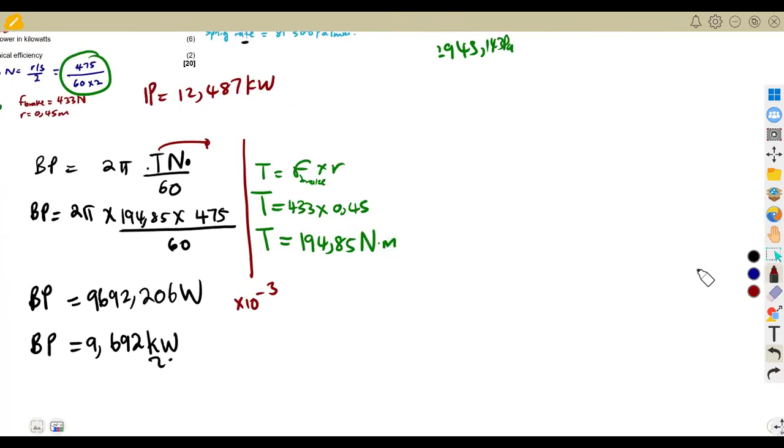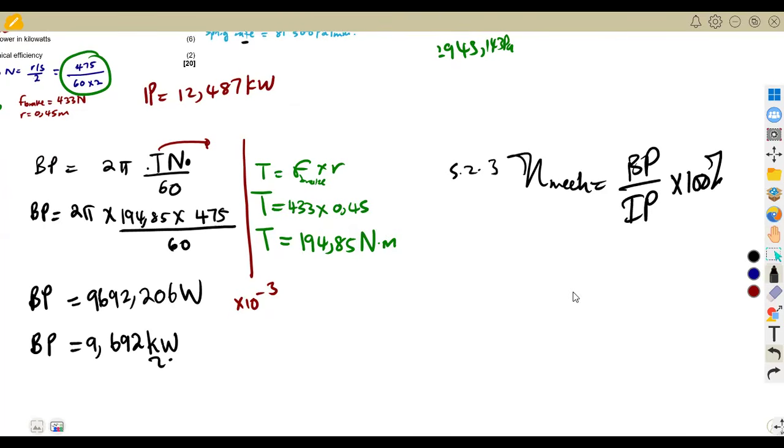So that means our mechanical efficiency is going to be the brake power over the indicated power. As a percentage, you multiply by what? By 100%. We calculated the brake power as 9.692 over the indicated power in the same units, which is kilowatts, which is 12.487.